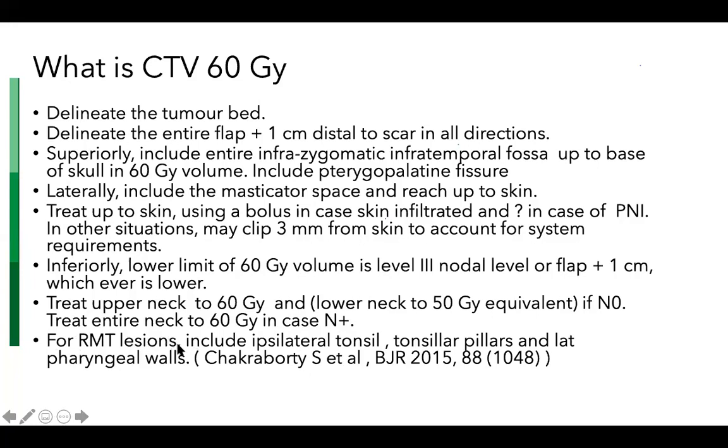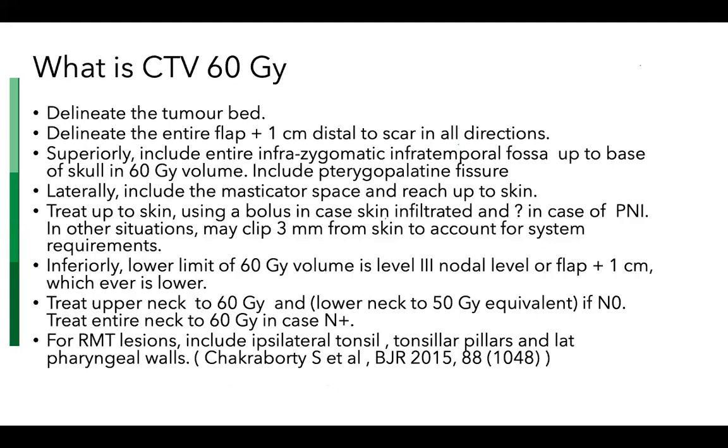For RMT lesions, we must include the ipsilateral tonsil and the tonsillar pillars and the lateral pharyngeal wall. And this, again, is a very interesting article, which I would encourage all the youngsters to read, from Chakrabarti et al., the PJR of 2015, where he has discussed the target delineation and has also cited how they have learned from their failures and started including the ITF, and the guidelines that had been given before that had actually discussed only a lesion plus 2 centimeters.